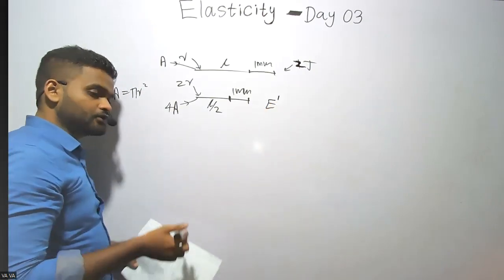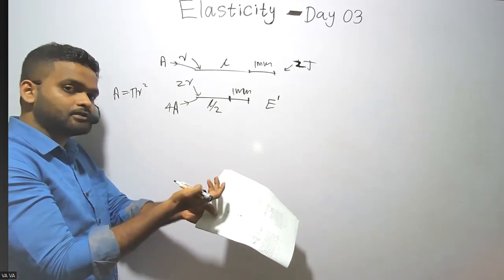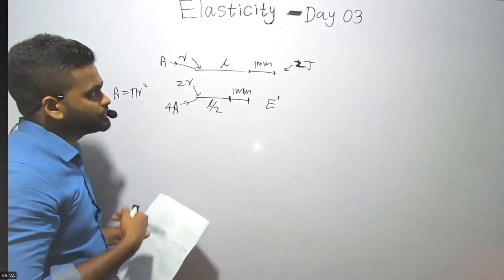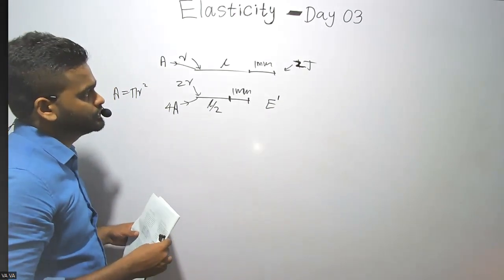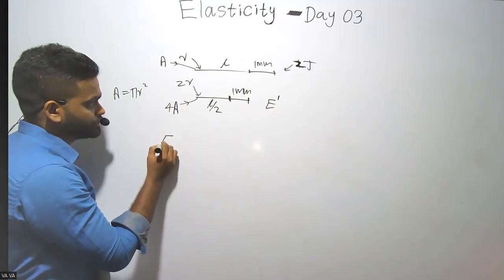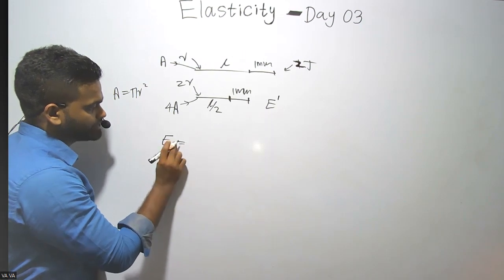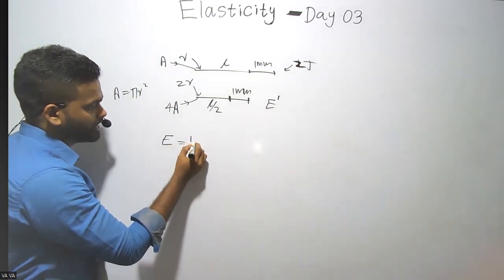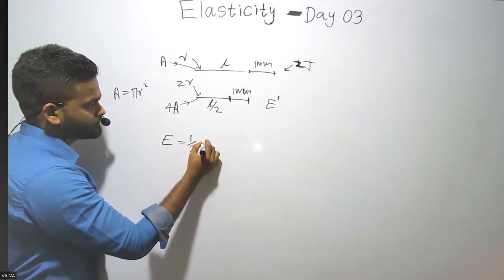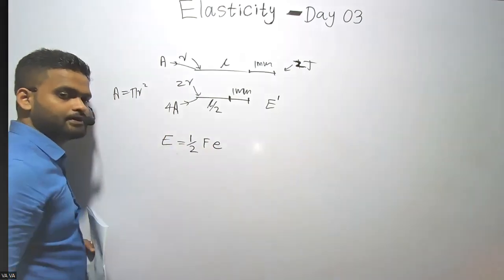That work done is stored as elastic potential energy. Here as well, just take equations like this. Let's say E is the potential energy, that is half Fe, half Fe.